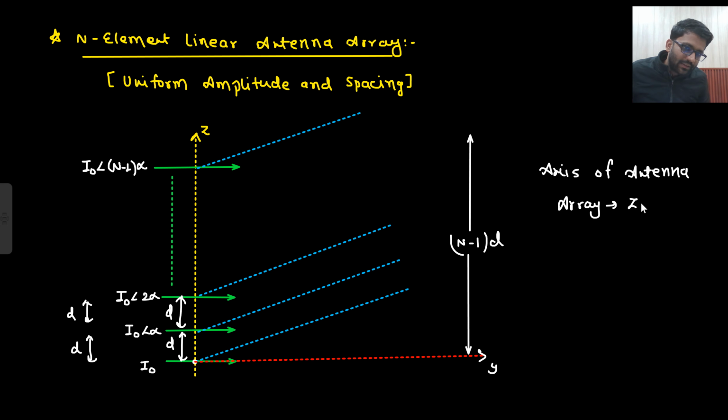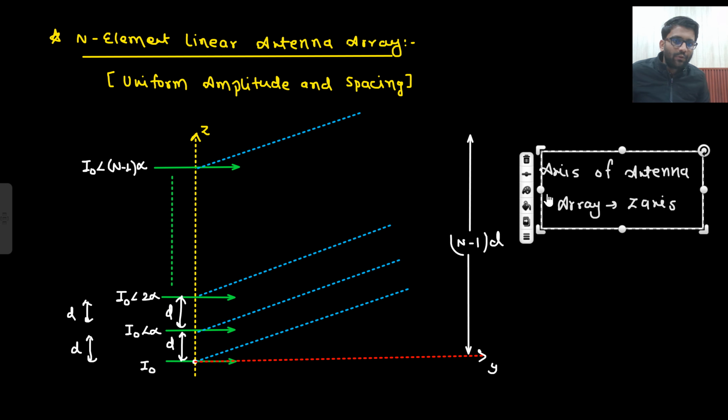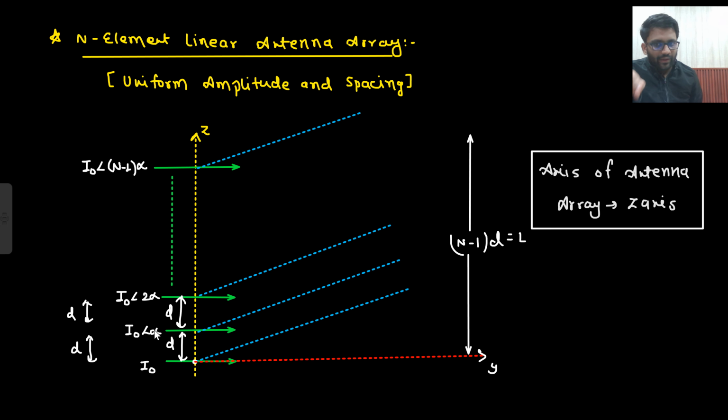That is the z-axis, right? What is the length of the antenna array? (n minus 1) into d. All the antennas have current I naught, spaced by d, all phase shifted by alpha: 0, alpha, 2 alpha, 3 alpha, 4 alpha, 5 alpha, till (n minus 1) alpha. All have a spacing of d.